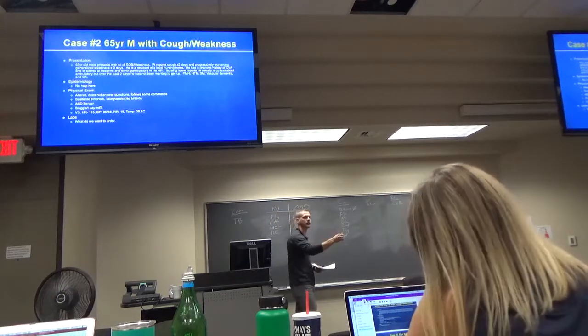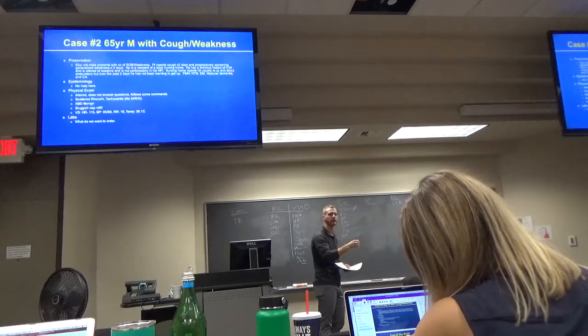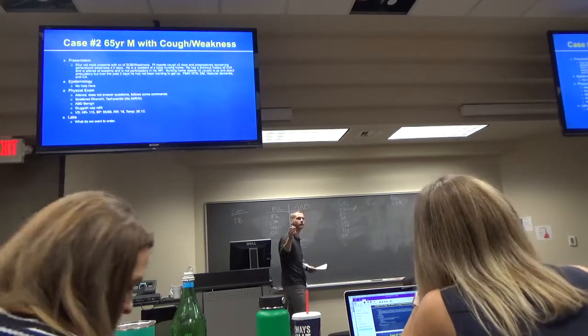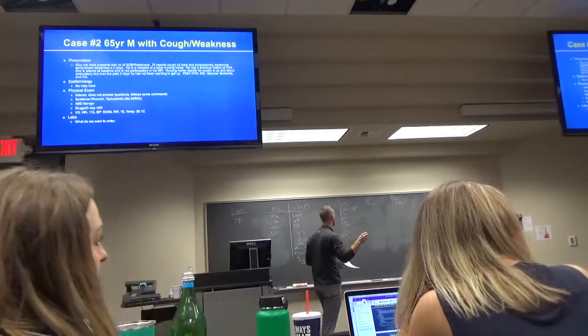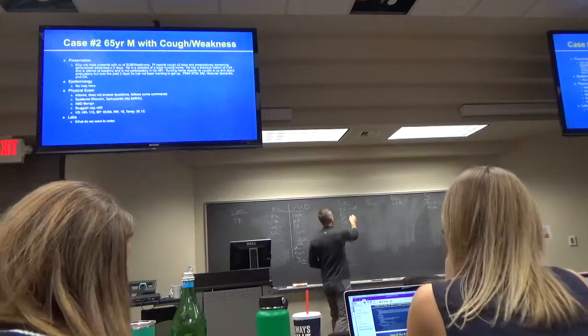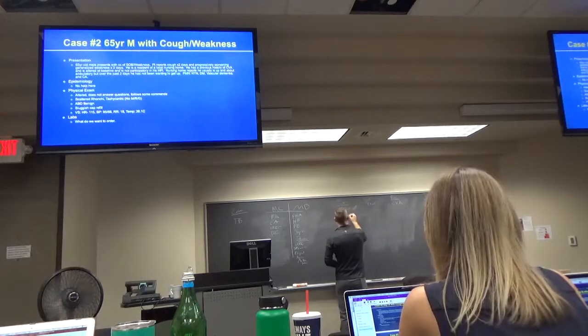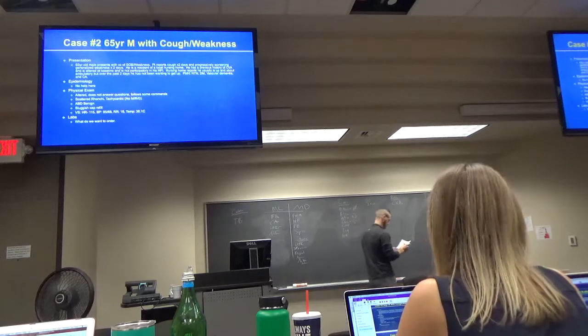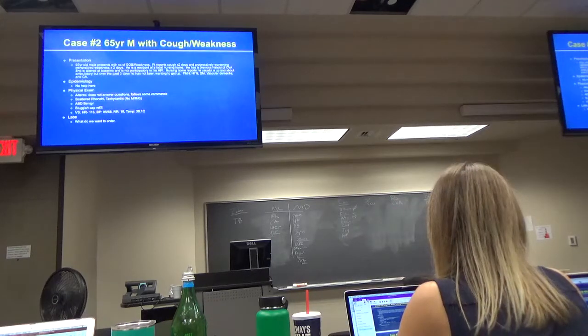Age-adjusted D-dimer. We're going to say it's negative, but still look into age-adjusted D-dimer and how to interpret that, because that's very important when you're talking about ruling in or ruling out PEs. Okay, his flu is negative. His UA was negative.